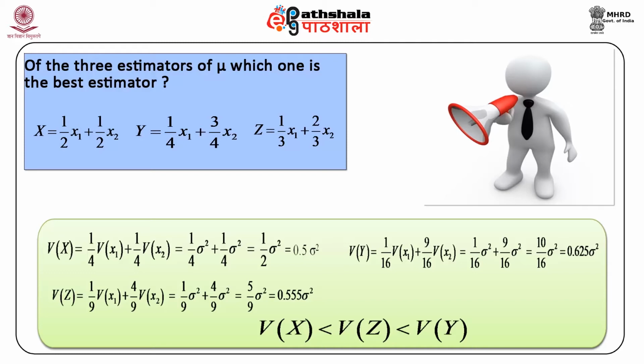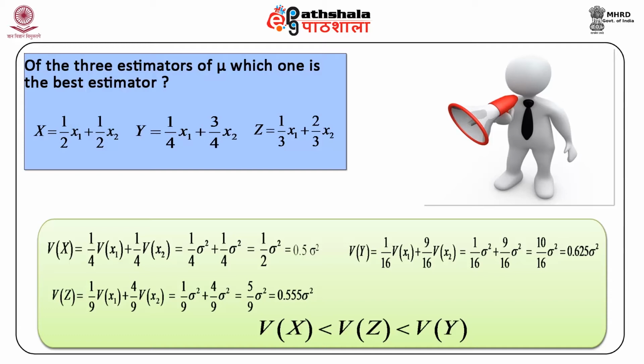Similarly, we can find out variance of Z, which is equal to 1 by 9 variance of X1 plus 4 by 9 variance of X2. Now this is equal to 1 by 9 sigma square plus 4 by 9 sigma square and is hence equal to 5 by 9 sigma square, which is equal to 0.555 sigma square.